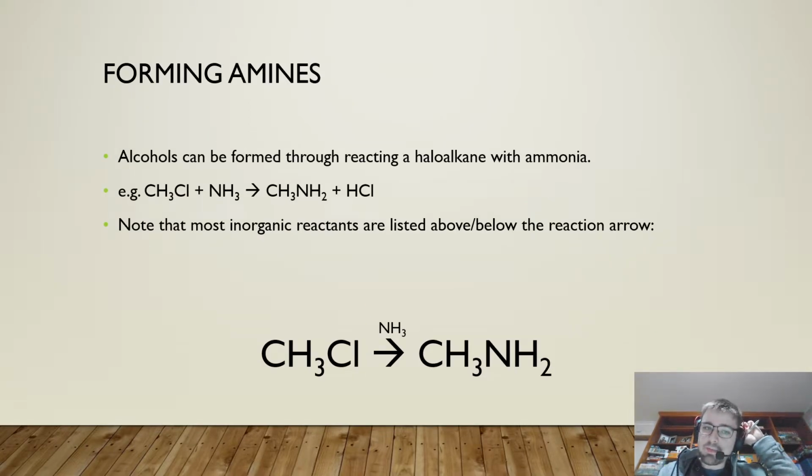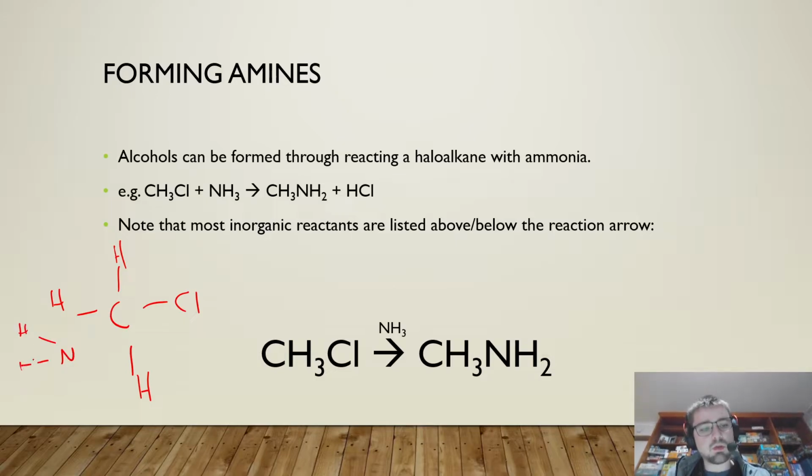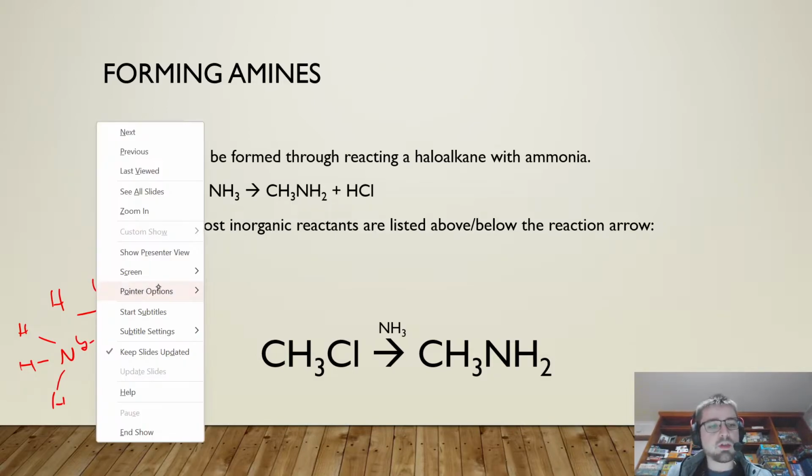Amines are pretty similar. Instead of hydroxide here, we're going to use ammonia. So we're going to have chloromethane. Ammonia is going to come in. We know ammonia, the nitrogen is a bit negative. It's going to come in and attack the, call it nucleophilic, so the positive carbon.